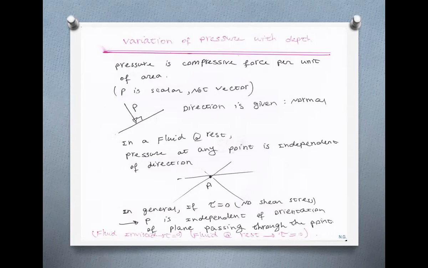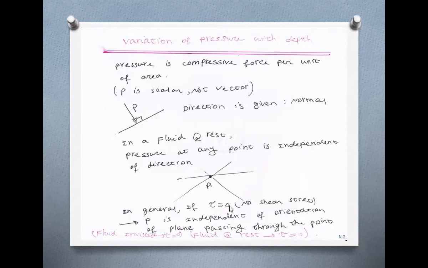Another case is when the fluid is inviscid. There's no viscosity, so there's no shear, even if it's moving, like air. There's no such thing in the real world as a fluid with absolutely zero viscosity, but sometimes viscosity is negligible, like for air.